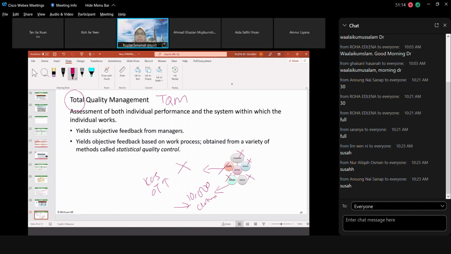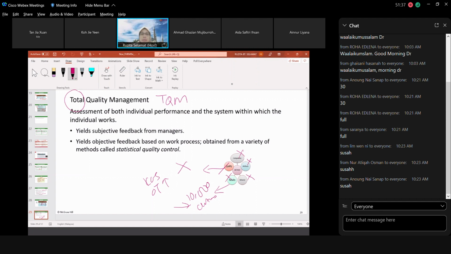Alright? So meaning kalau pekerja, they have good attribute, good behavior, they achieve the result tapi not in terms of the right quality, itu tak dikira juga sebagai pencapaian yang baik oleh pekerja. So they focus on the end result.